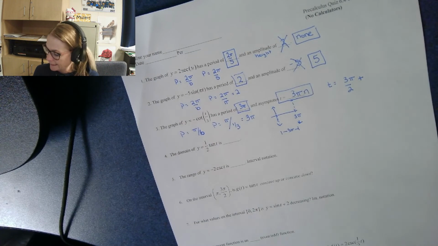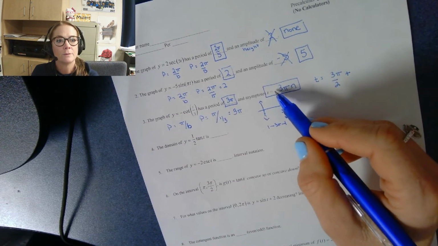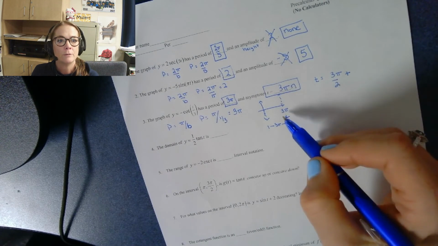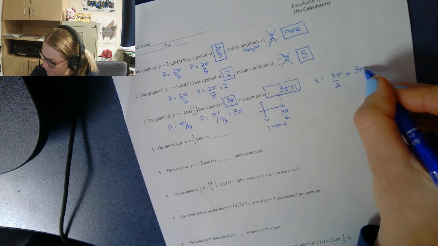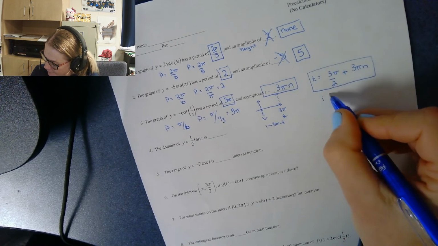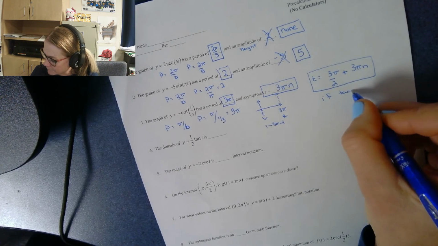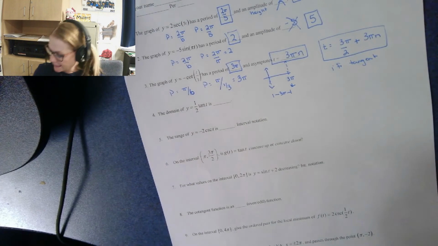There's still a period length there for cotangent and tangent, but for cotangent you start at 0, you don't have to write that, and for tangent you have to start at the half period. But you're still going to cycle it by 3 pi n. So I'm just going to say if this had been tangent. You have to keep that straight in your brain. Okay, so that leads us into our next question.